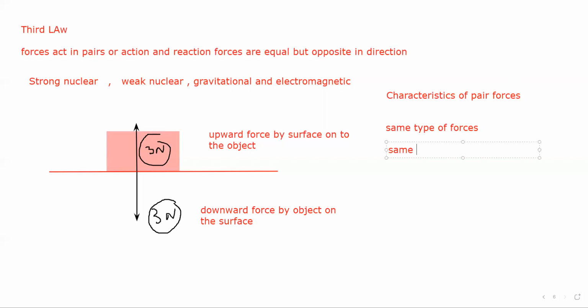They are the same size or same magnitude. If one is 3 Newton, the other is also 3 Newton. Opposite direction, acting in the same line. Acting on the same line means if one force, like downward, is there, the other upward force is also starting with the same point, or where we can join them with one line. That's the meaning of acting in the same line. If I draw like this, it means it is not acting in the same line.